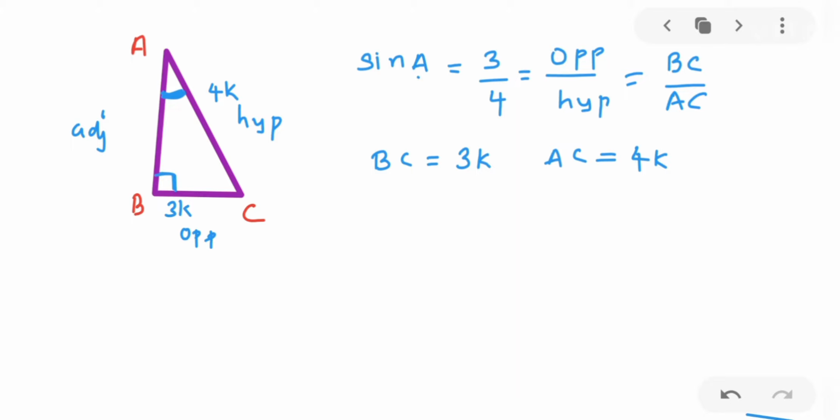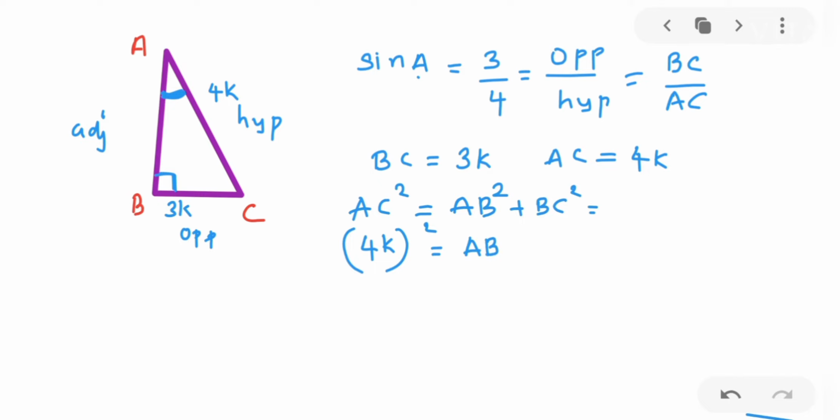Now let us find out the unknown side. Apply the Pythagoras theorem. AC square is equal to AB square plus BC square. AC is 4K, the whole square, is equal to AB square plus 3K, the whole square.